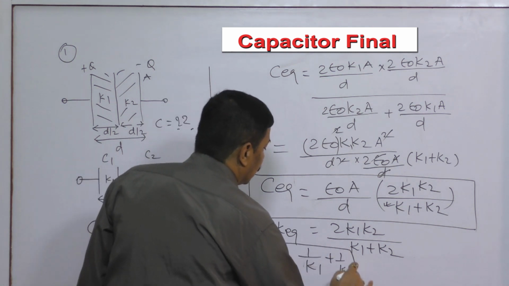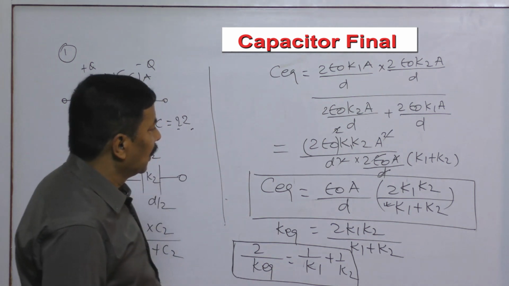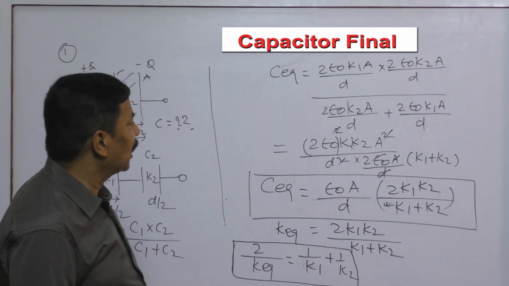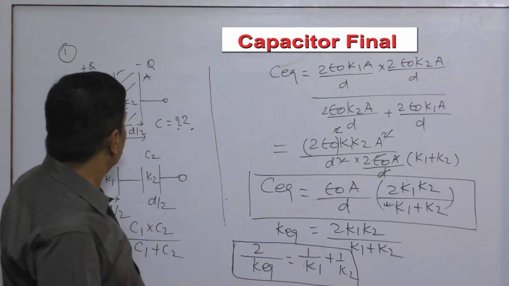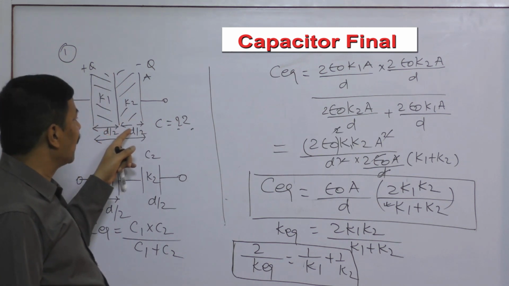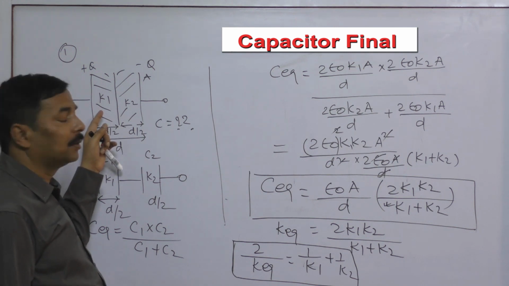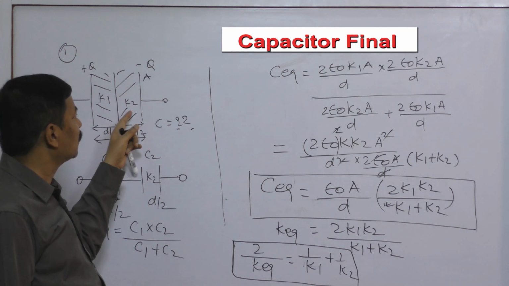This is the thing that had to be understood very carefully. So this is the K equivalent value that we are getting. Now this can be replaced. This is symmetrically placed. Symmetrically placed means what? Half is this and half is this. Half portion is filled with the dielectric having dielectric constant K1, and another half is filled with dielectric having dielectric constant K2.